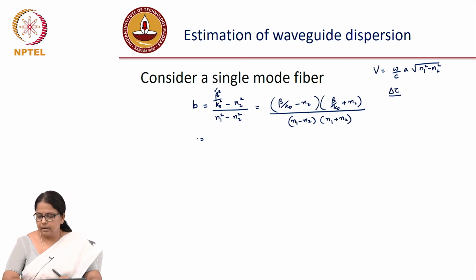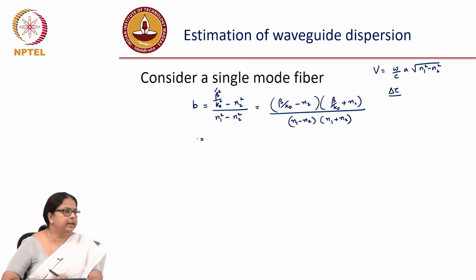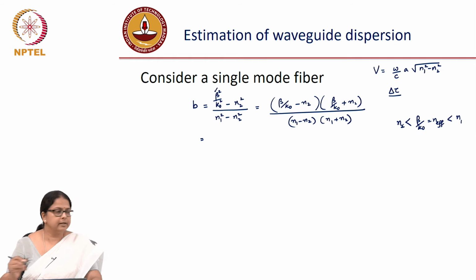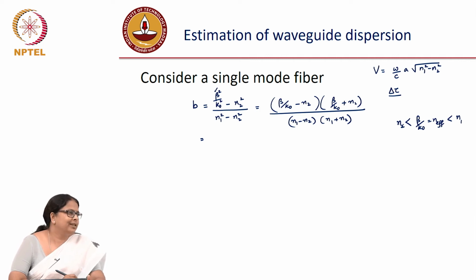And we know very well that beta by k naught is your n effective, and this n effective is a number that is always less than n1, but always greater than n2, and the difference between n1 and n2 for a single mode fiber is very, very small, right.